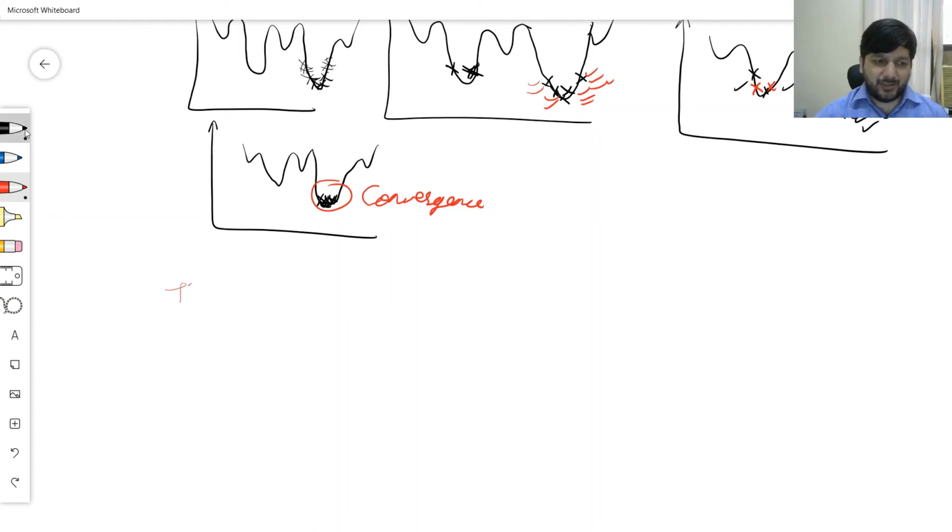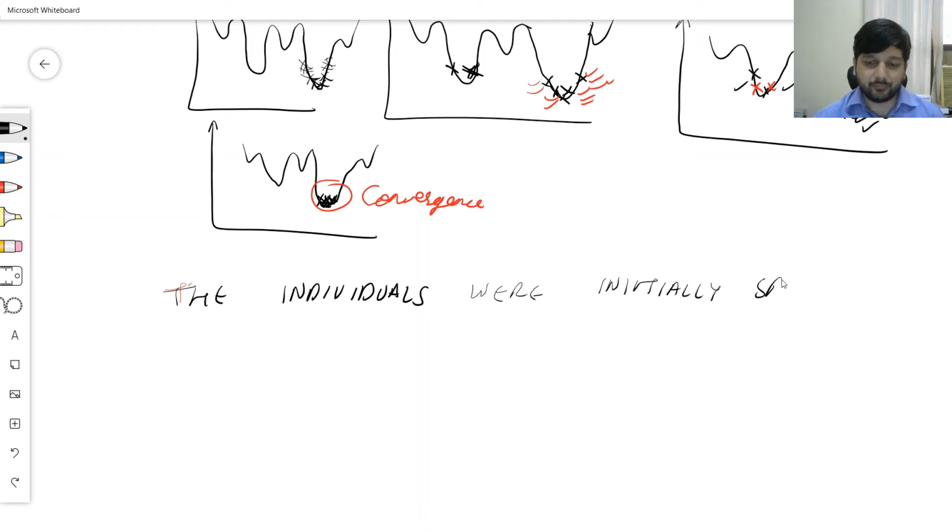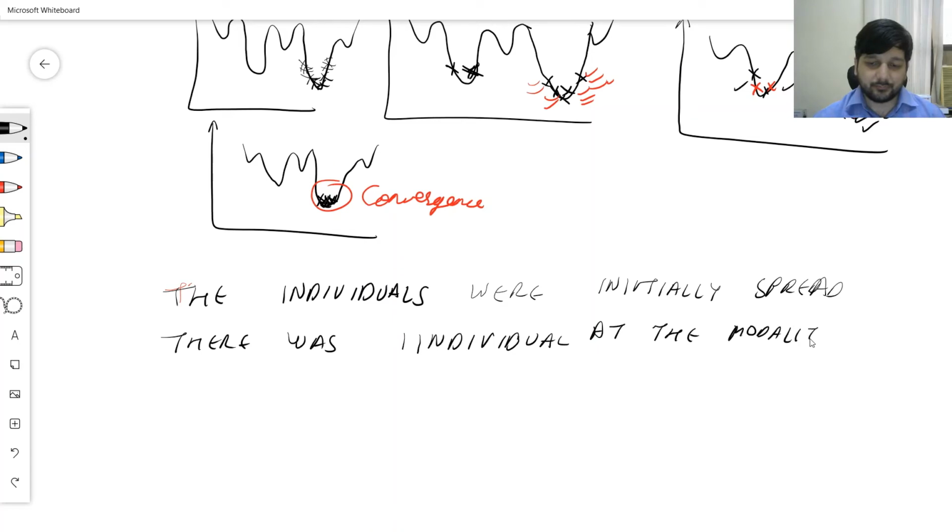the individuals were initially spread, and there was one individual at the modality which had the global optima.